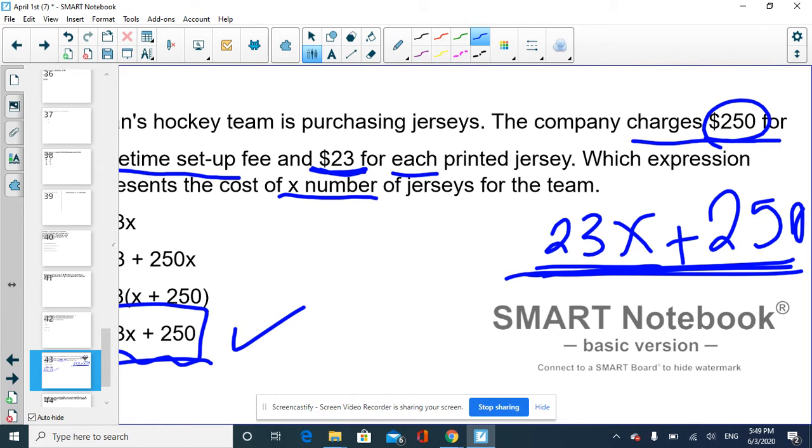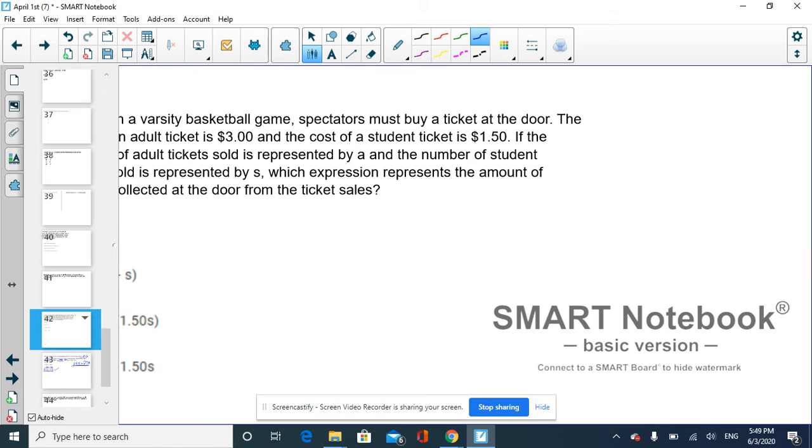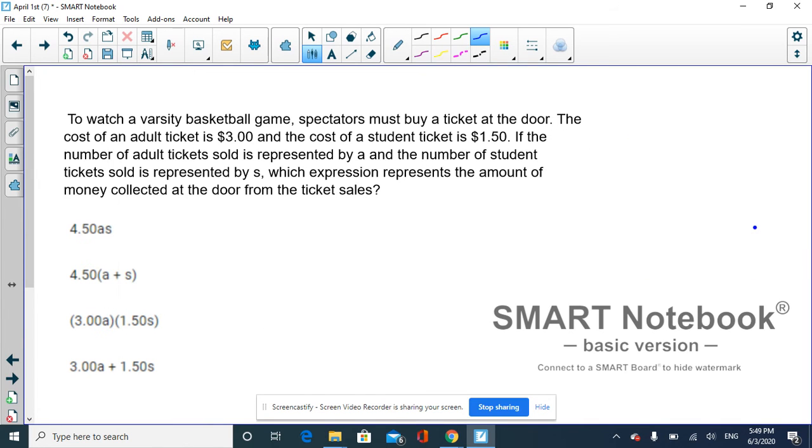Let's see another story. To watch a varsity basketball game, spectators must buy a ticket at the door. The cost of an adult ticket is $3. This is the cost of the adult ticket, and the cost of the student ticket is $1.50.